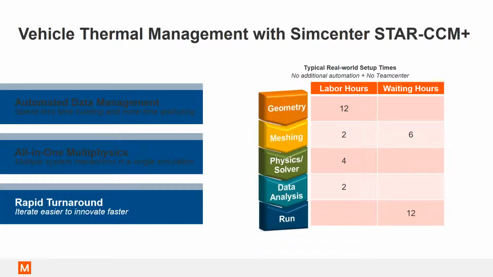Just to give you an idea of what this would look like in a real world situation, as you have seen in Star CCM Plus, a lot of the process from part organization to post-processing has been automated to reduce turnaround time. Depending on the complexity of the geometry, CAD to solution would take a couple of days as opposed to weeks and maybe months with other tools.